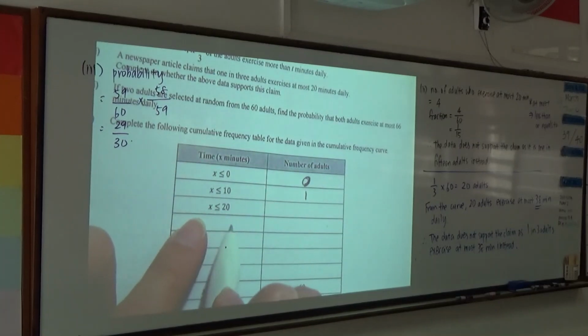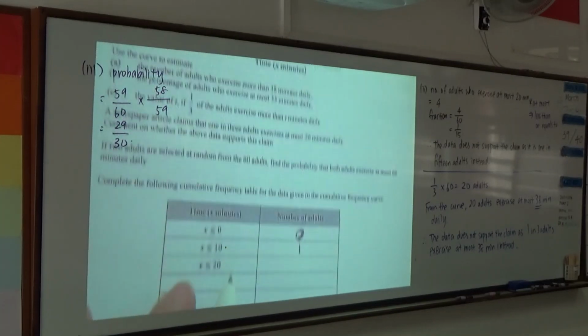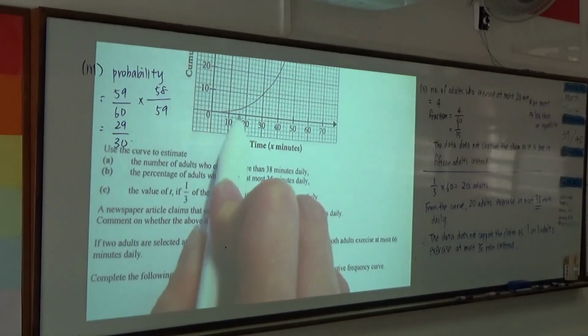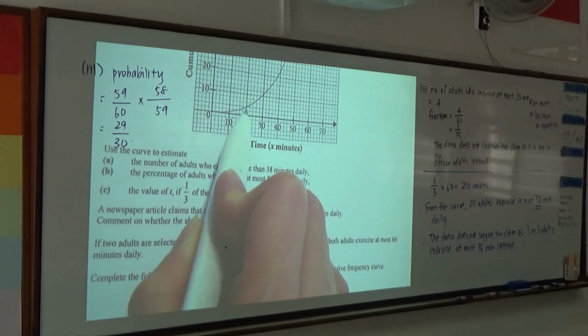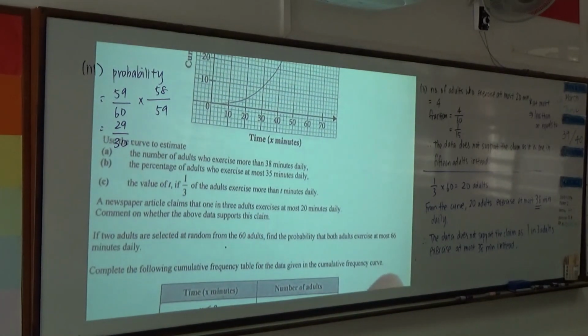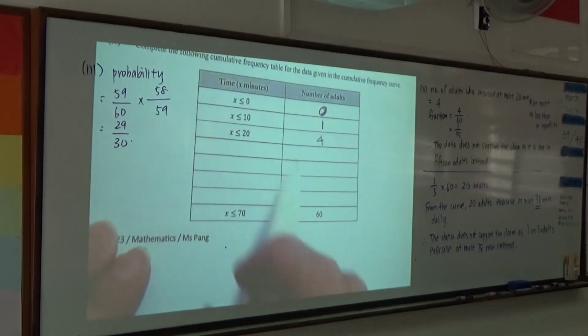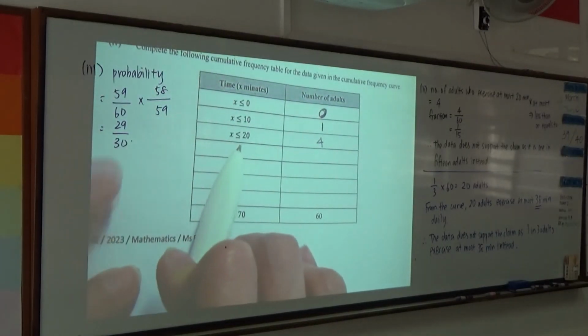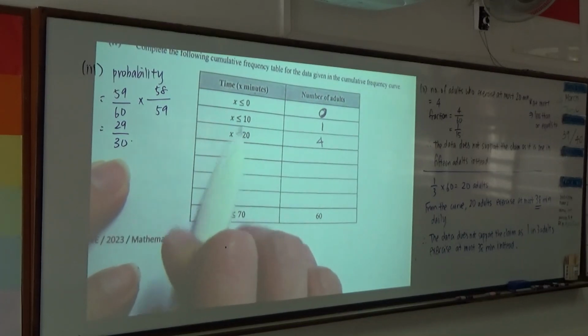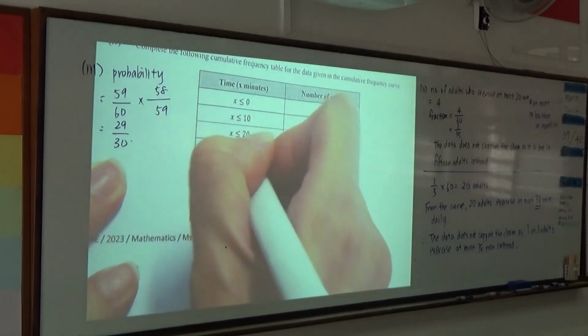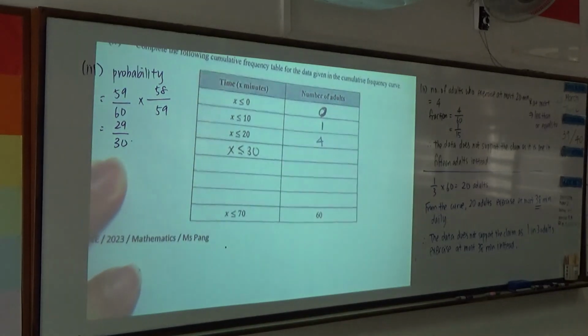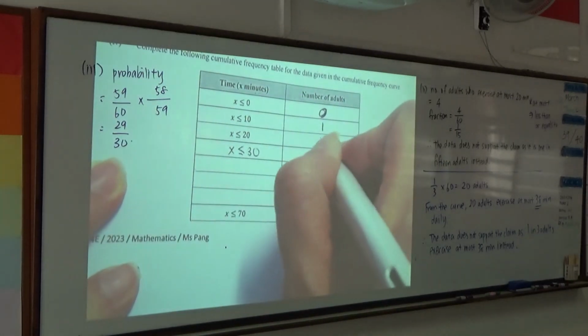We move on to x less than or equal to 20, and that will be a reading of 4. Observing the pattern of the intervals, they always differ by 10 units. So the next interval we're looking at will be x less than or equal to 30, and from the curve, we will find that the value is 11.